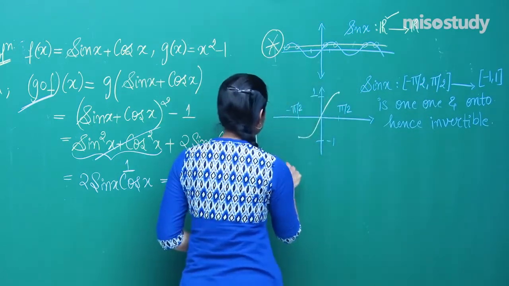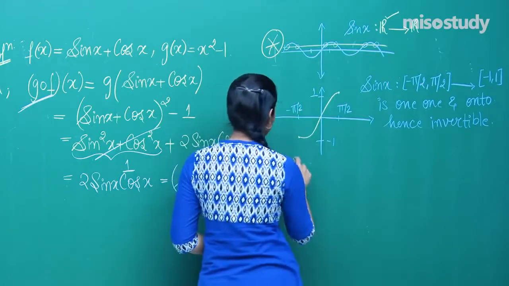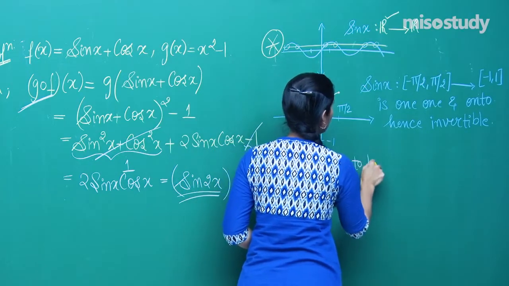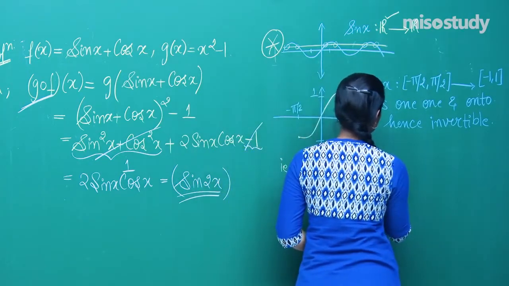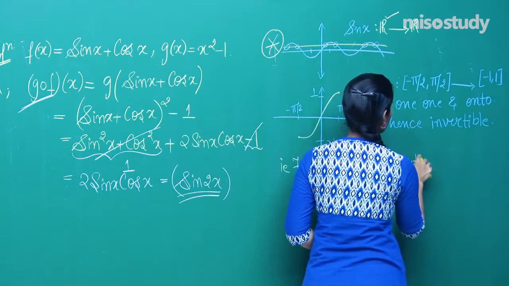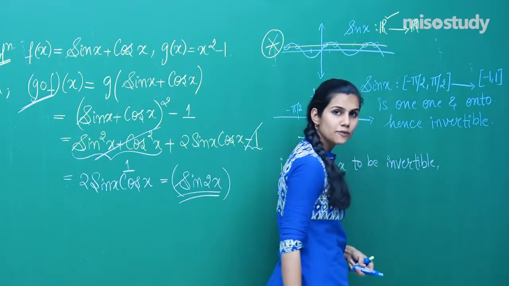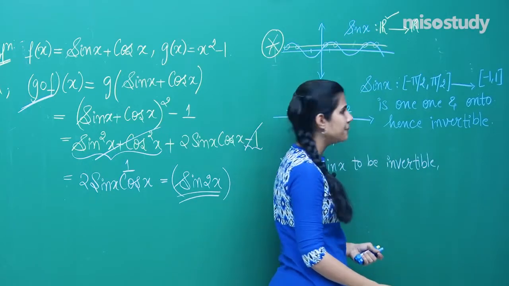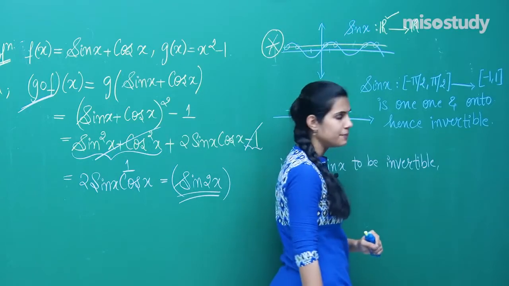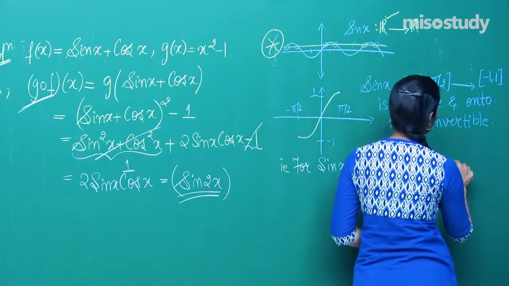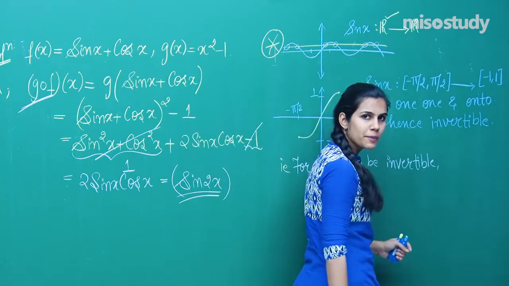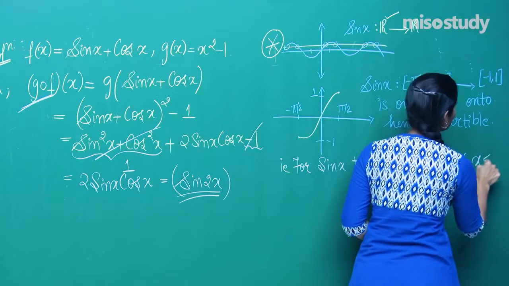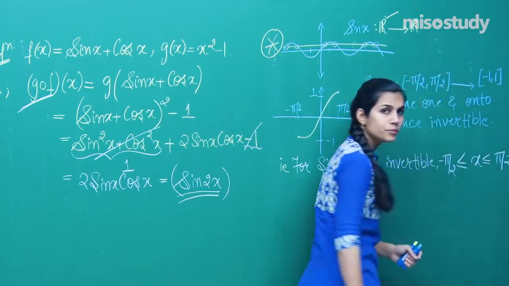That means I can write, for sine x to be invertible, where should x come from? x should come from the domain of sine corresponding to which one-oneness and onto-ness is being established. So for sine x to be invertible, x should belong to minus pi by 2, pi by 2, or x should be greater than or equal to minus pi by 2 and less than or equal to pi by 2.